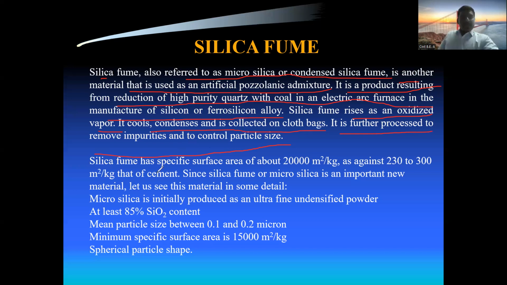Silica fume has a specific surface area of about 20,000 meter square per kg. Silica fume is available as a powder. So the surface area of the silica fume is 20,000 meter square per kg, as against 230 to 300 meter square per kg for cement.